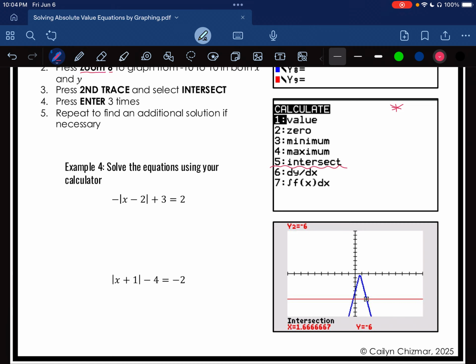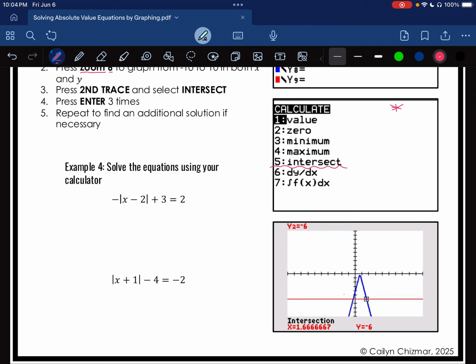When I press graph, this is what we're going to see. And then here, I have found the right-hand intersection point by hitting enter 3 times.